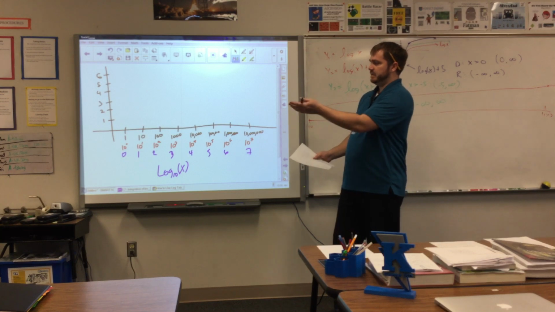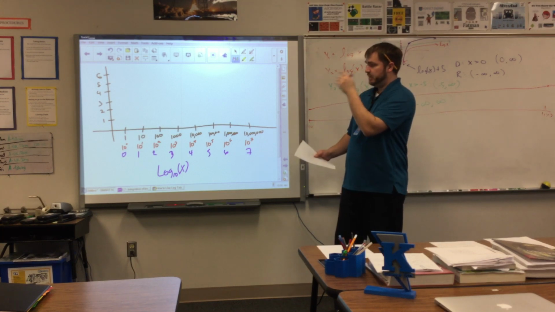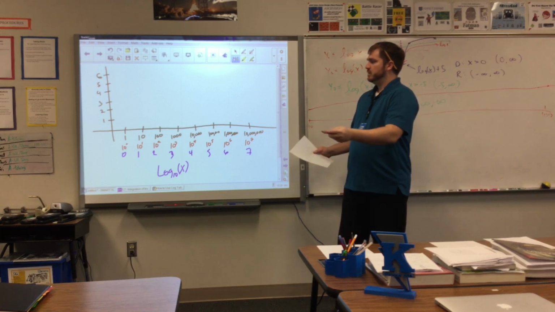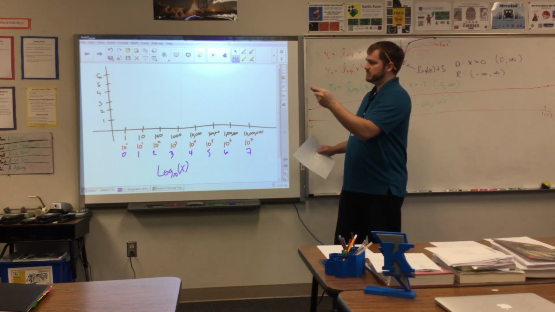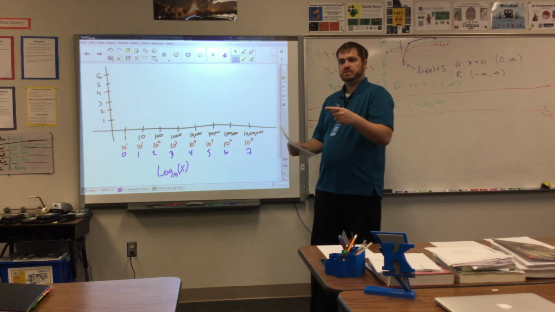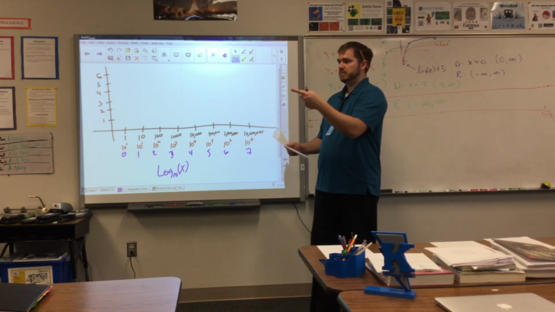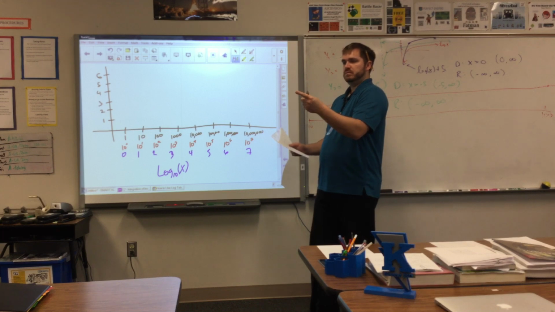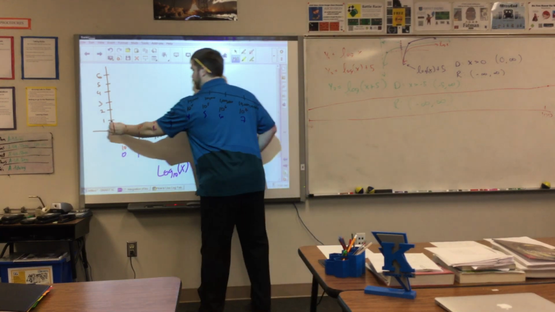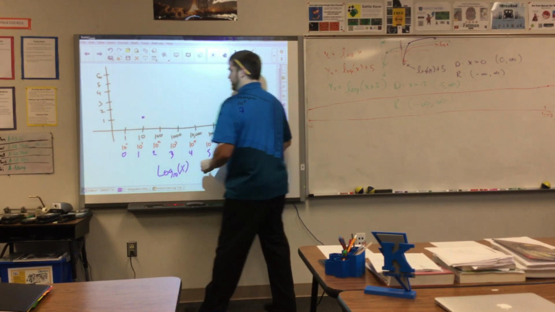Now, I have it on a previous slide. If we were to start plotting those points, when y was 1, what was the x value? No, wait, sorry. When y was 1? 10. So when y is 1, we're at 10.